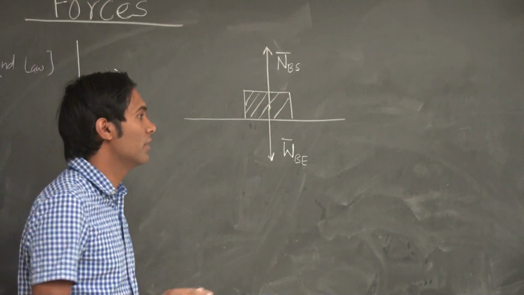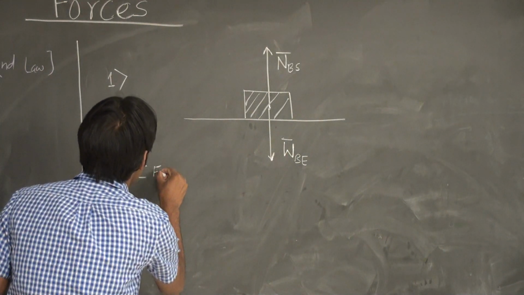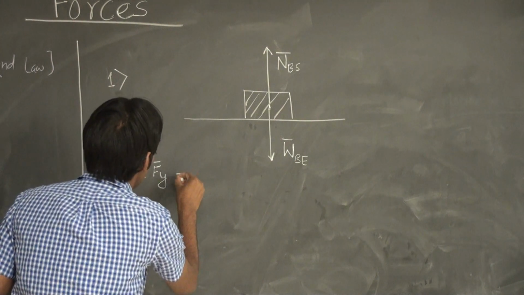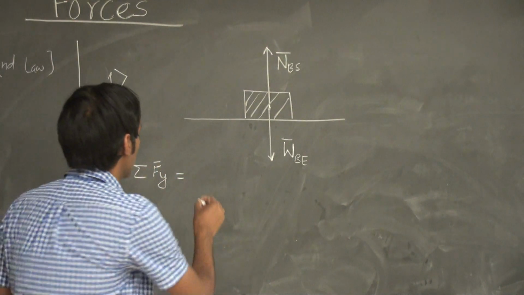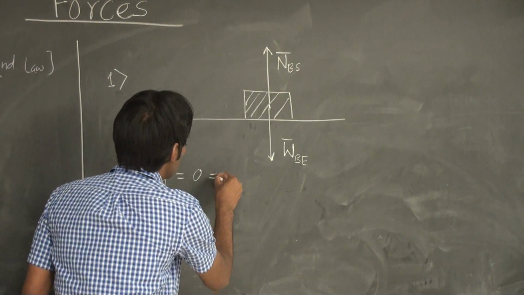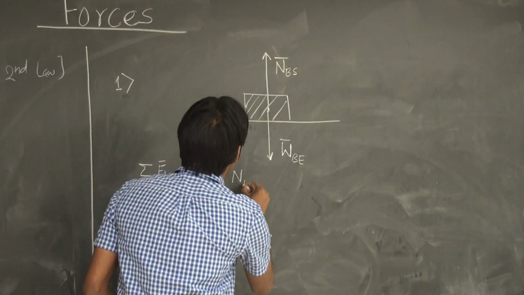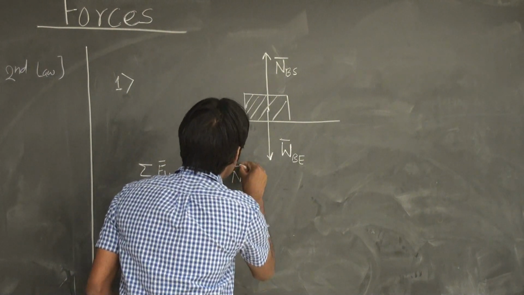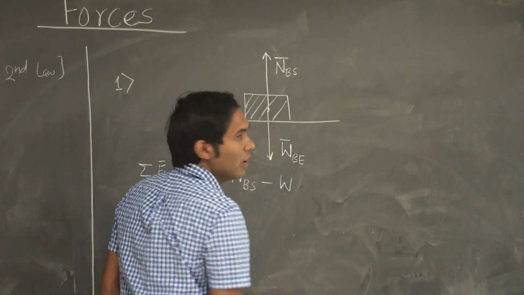Therefore we write that the summation of the forces along the y direction should be equal to 0, because there is no net force acting along the y direction. That should be given by the normal force along the y direction minus the weight of the object.